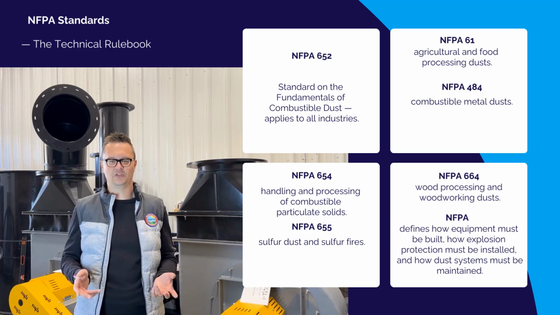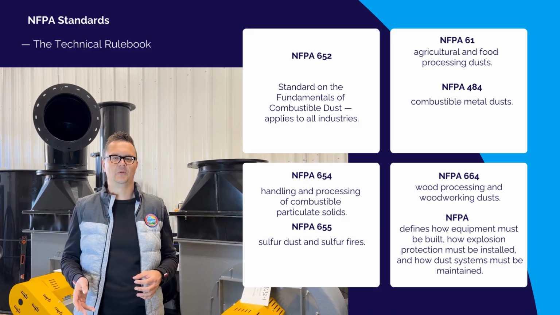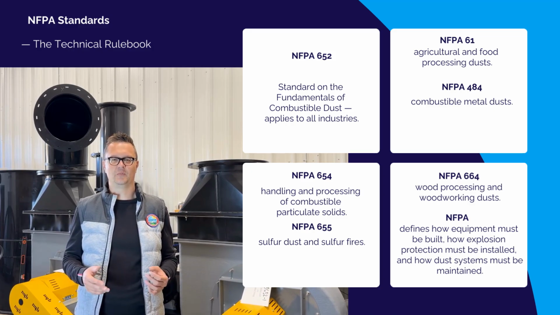National Fire Protection Association Standards, the technical rulebook. The National Fire Protection Association, NFPA, sets the technical standards that facilities must follow. The core standard is NFPA 652, Standard on the Fundamentals of Combustible Dust, which applies to all industries. Additional industry-specific standards: first, NFPA 61, Agricultural and Food Processing Dusts. Second, NFPA 484, Combustible Metal Dusts.